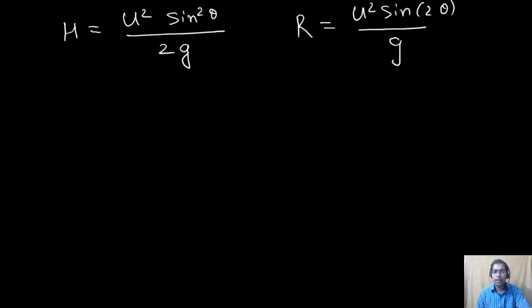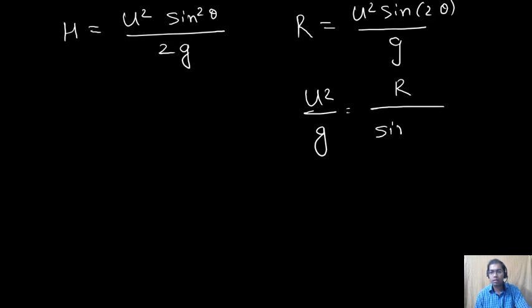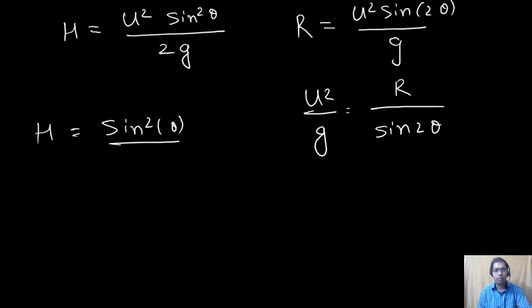So if this is the relation that I have, I can write u square by g, which I have in height, as r by sine of 2 theta. So we can substitute that here. H is equal to sine square theta by 2 times u square by g, which is r by sine of 2 theta.